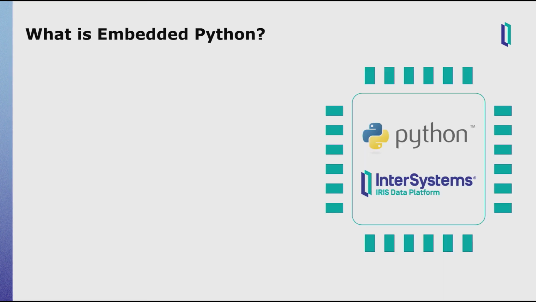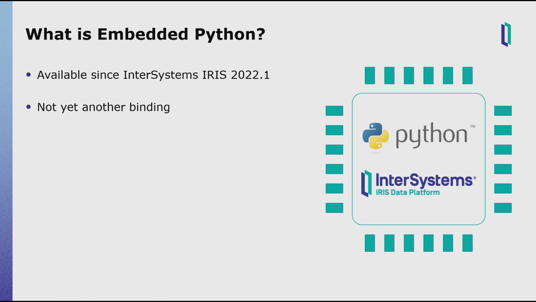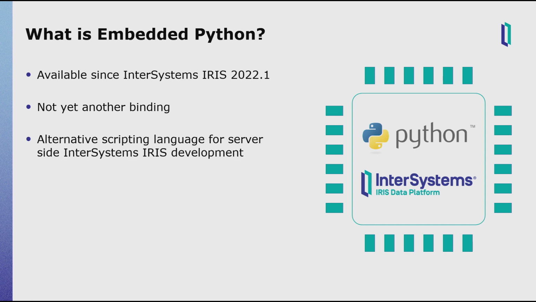Embedded Python is available since InterSystems Iris 2022.1. And embedded Python is not just another Python binding or client binding. Embedded Python is an alternate scripting language for server-side InterSystems Iris development.